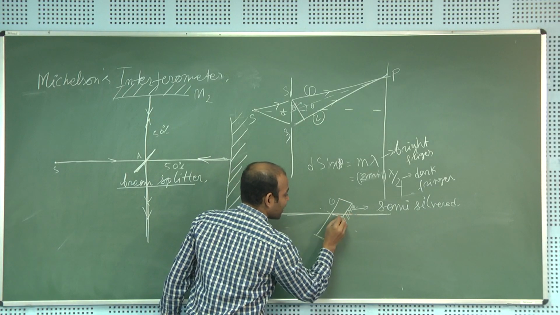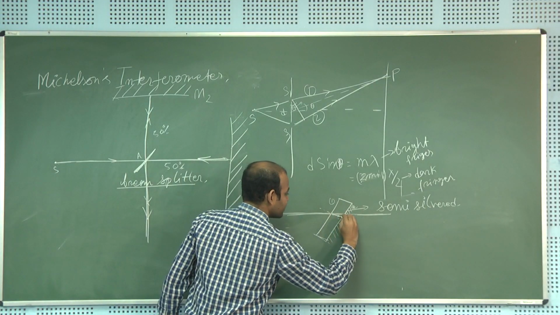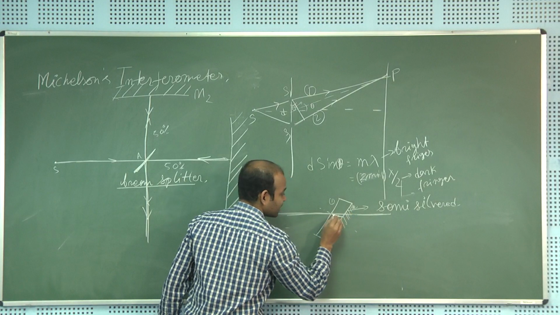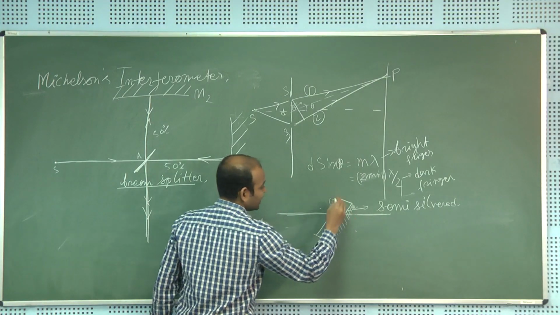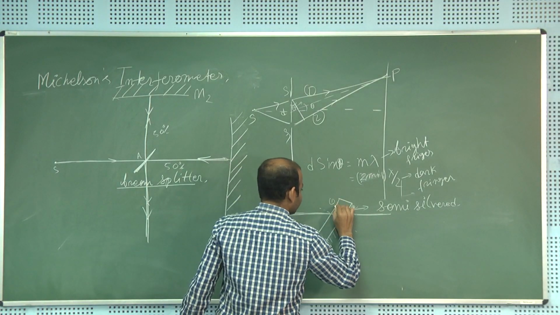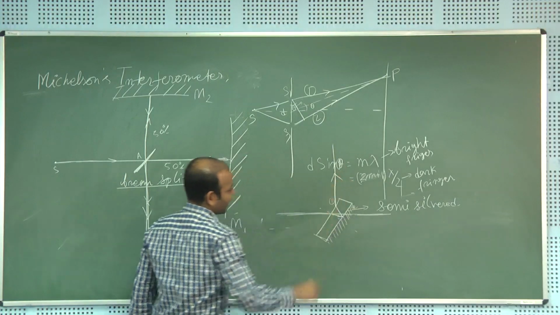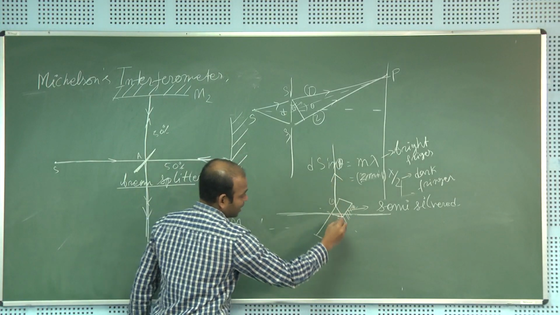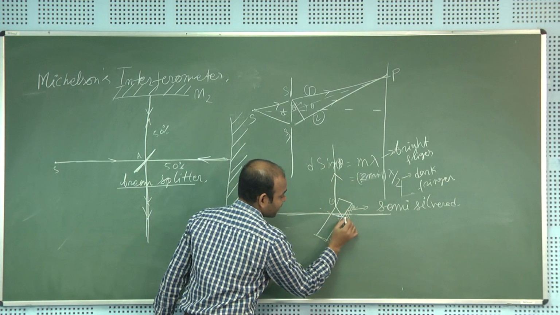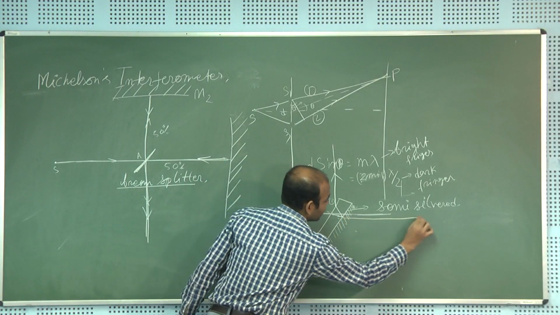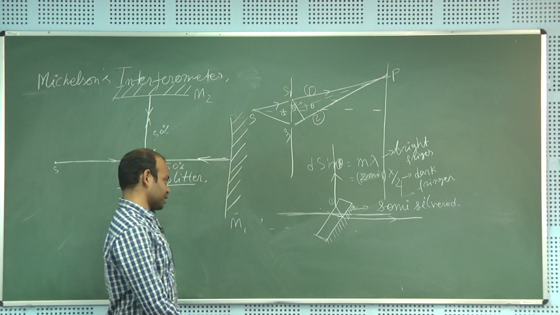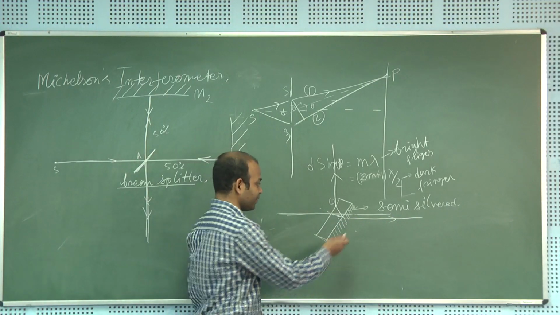So after this transmission there would be a reflection here, and then it will again be refracted and go in this direction, while this beam which was refracted is transmitted through the whole thing, and there would be a displacement here.